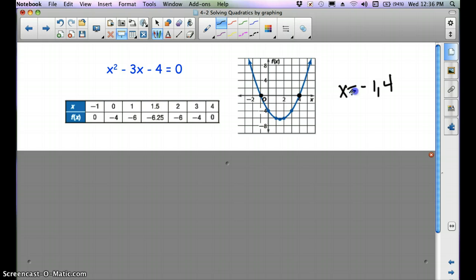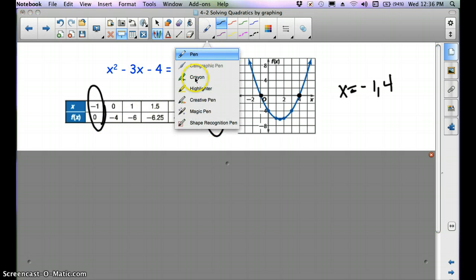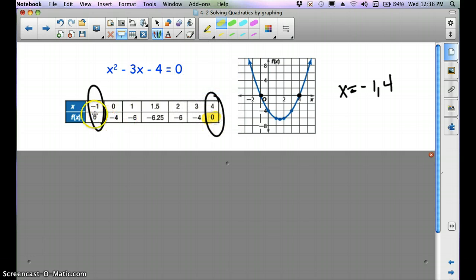So those are our answers for this equation. And you can plug them back in to check. You can look at the graph. You can also look at the table. Since they are the x-intercepts, it's where y is 0. So you're looking for that.